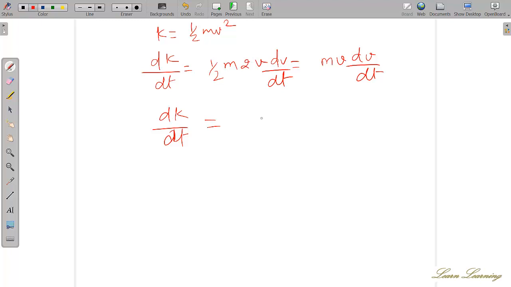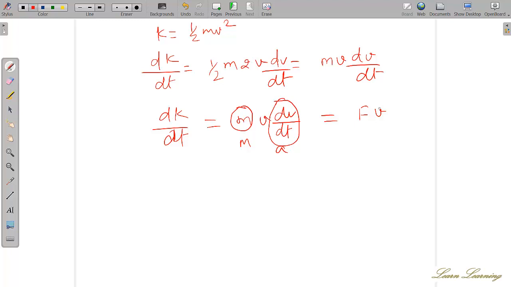So if you see this part, mass into acceleration, what is that? That is force. And this other part we know already is velocity.